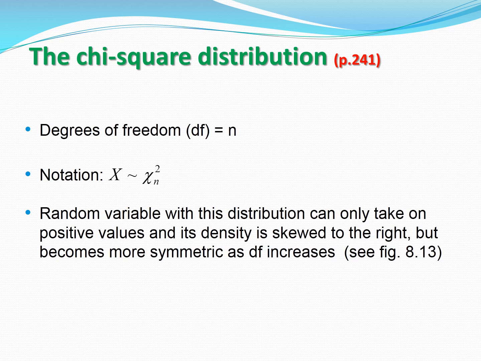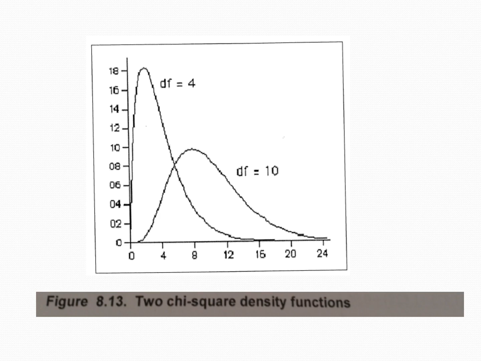But as our sample size and consequently our degrees of freedom increase, this density function will become more symmetric. For example, if you look at figure 8.30, you will see a density function with a degrees of freedom of 4 and one with a degrees of freedom of 10. This one is definitely less skewed than the one with a degrees of freedom of 4, so it became more symmetric.